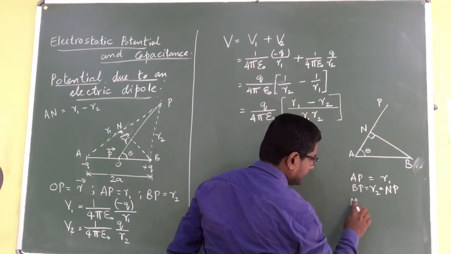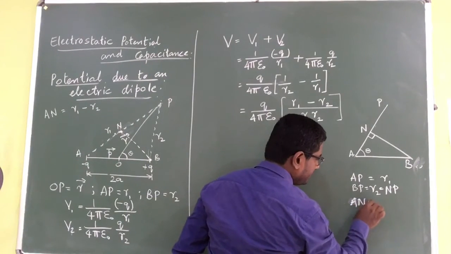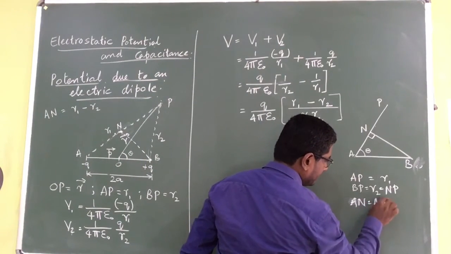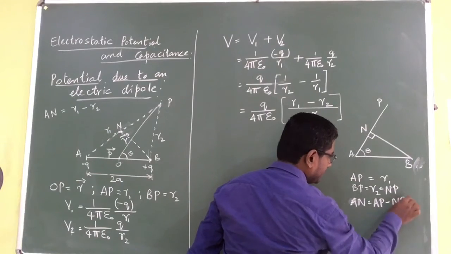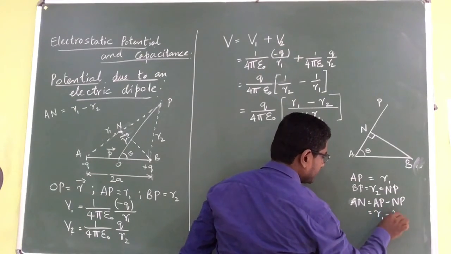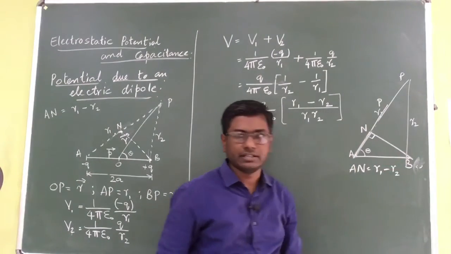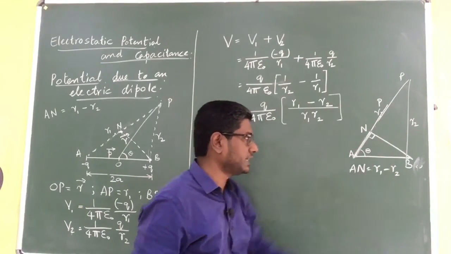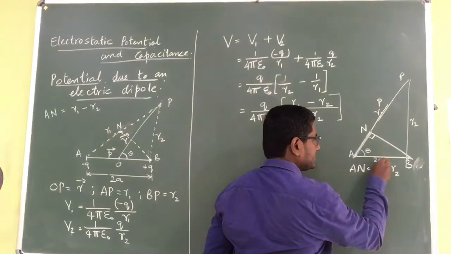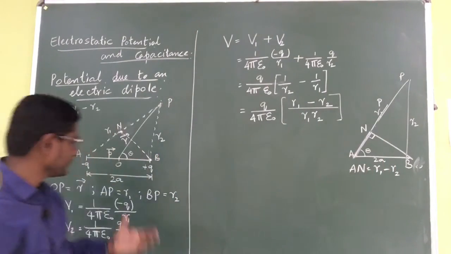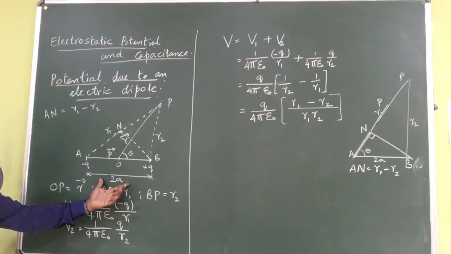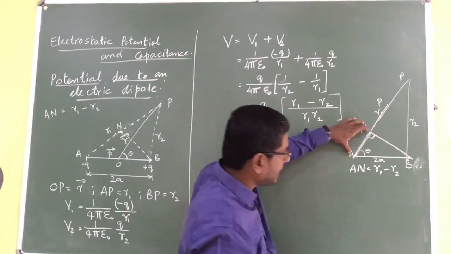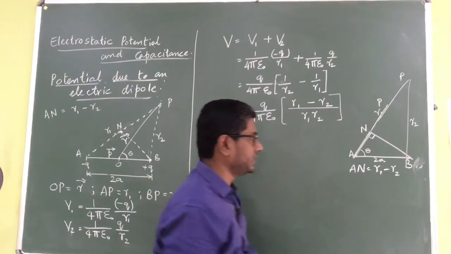AN will be equal to AP minus NP, and that is going to give me R1 minus R2. It is a right angle triangle here. I know the line AB and the distance is 2A. So I am going to find the value of this AN.